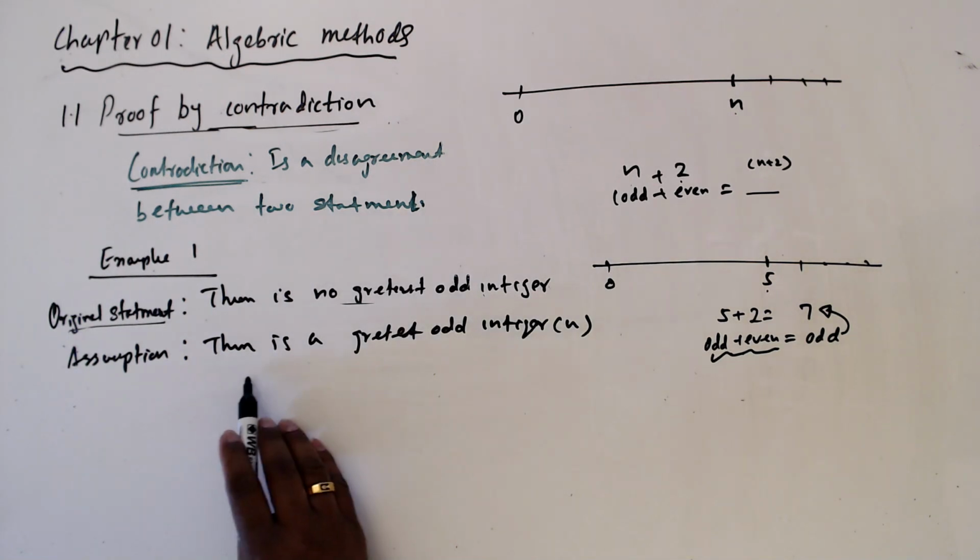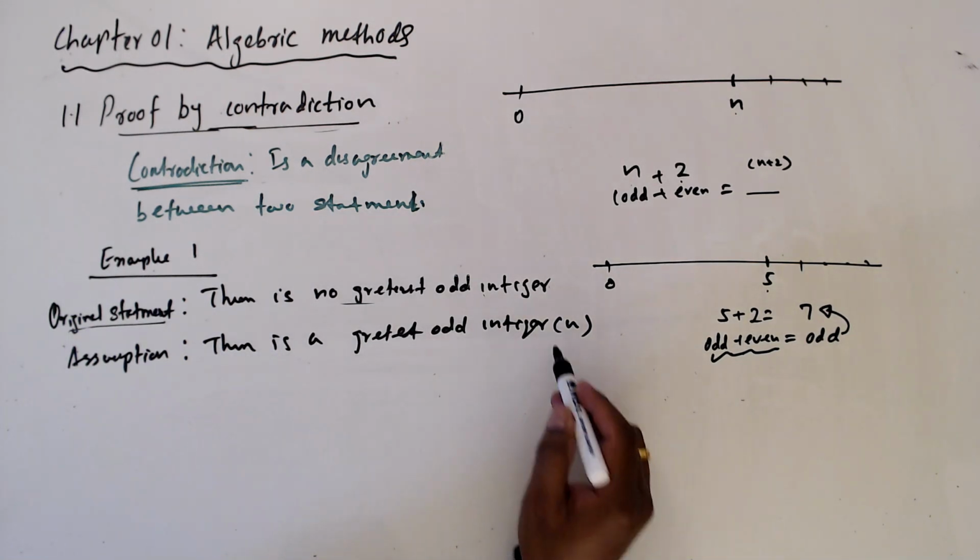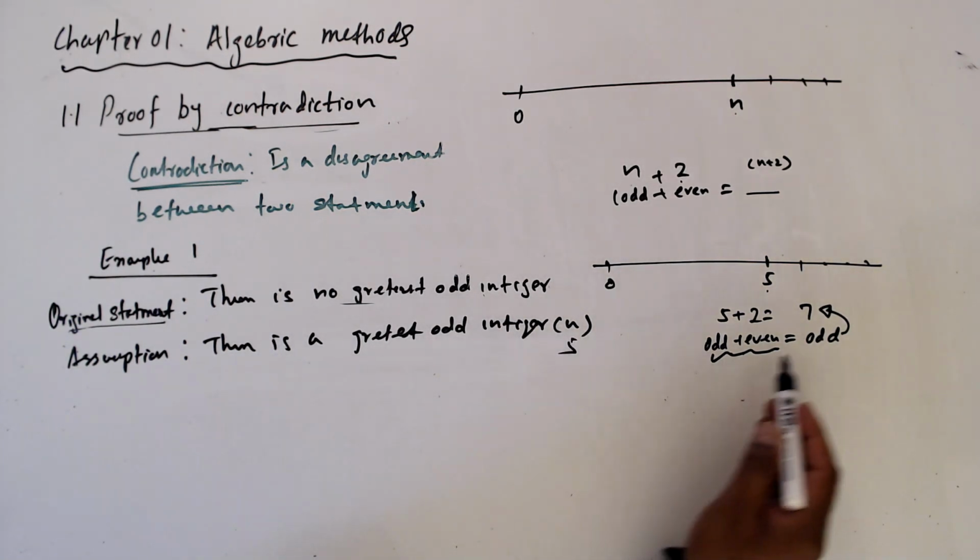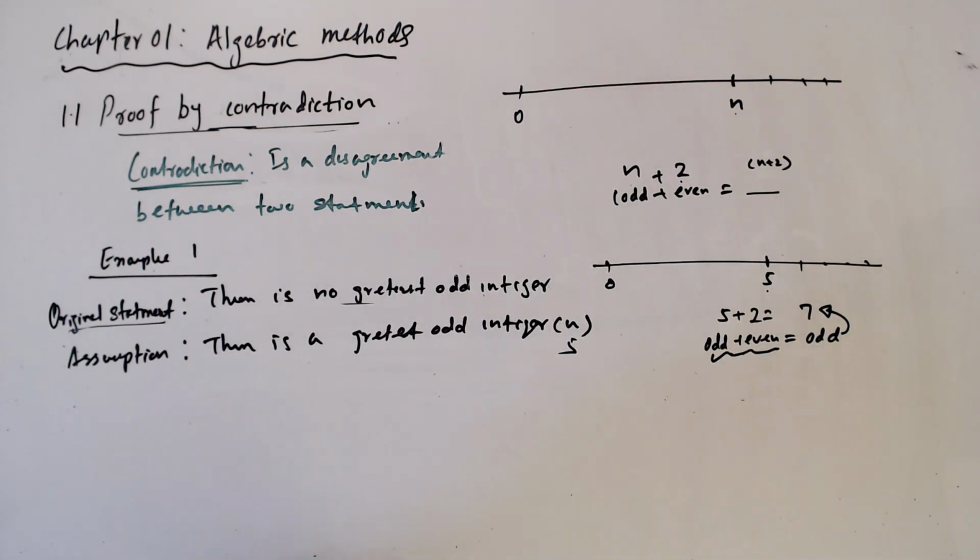I say there is a greatest odd number, that is 5. Now you show me that there is a 7.